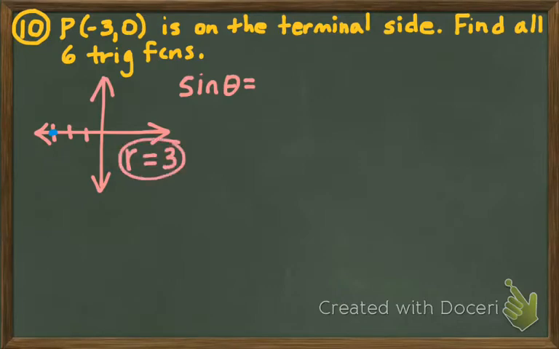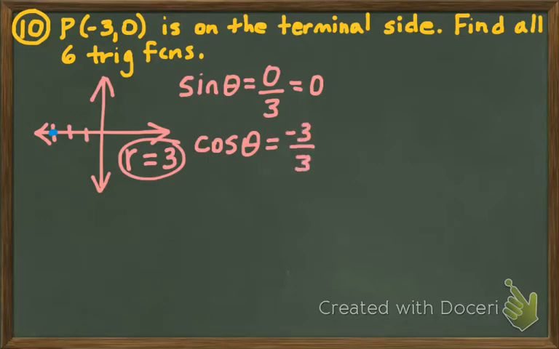So our sine, which is the y coordinate, is 0, and our r is 3, so obviously our sine is 0. Our cosine, which is x over r, and our x coordinate was negative 3, goes over the positive 3 for the r, which gives us negative 1.